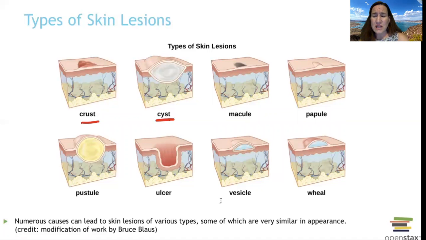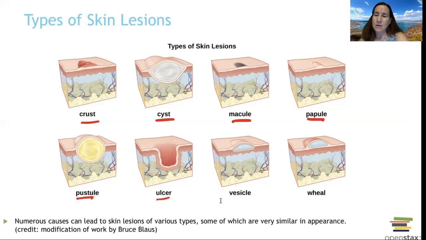Cysts, we said, were liquids, sometimes semi-solid, sometimes gas, that are just under the surface. Macules were those discolorations, but they were smooth. Papules are raised areas, like you'll sometimes see with dermatitis. We got lots of raised little sections like that. Pustules have pus in the name, just like they sound.